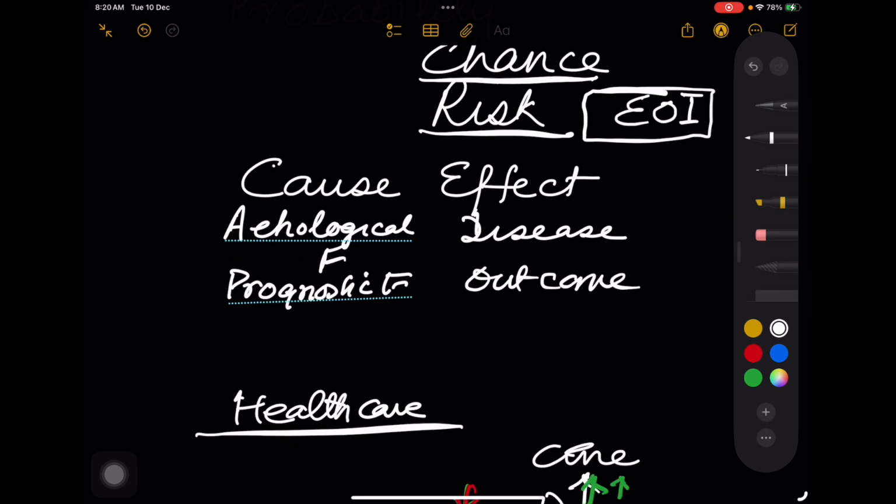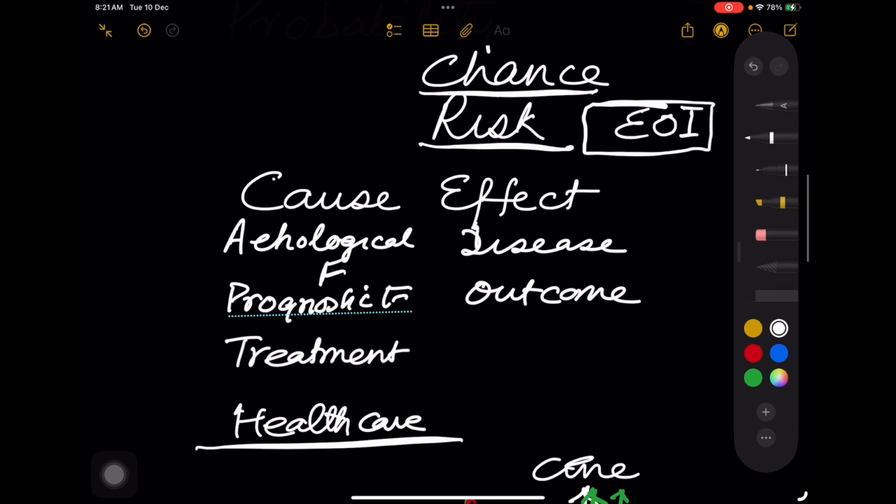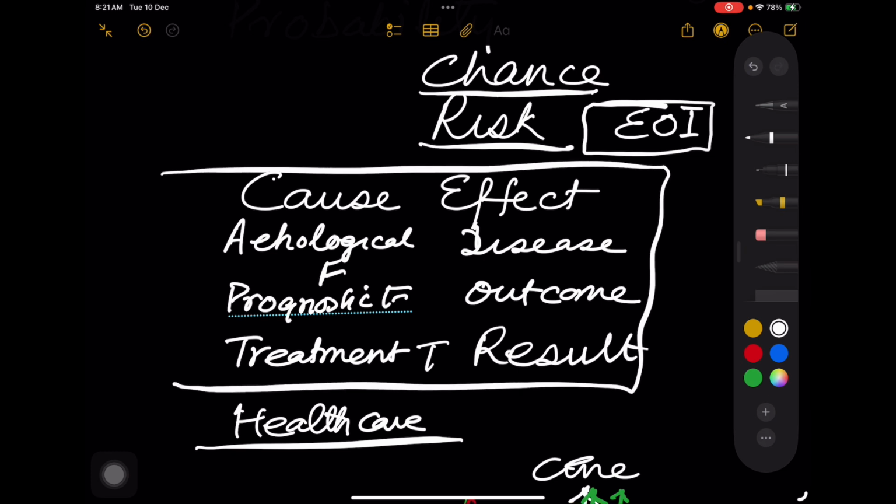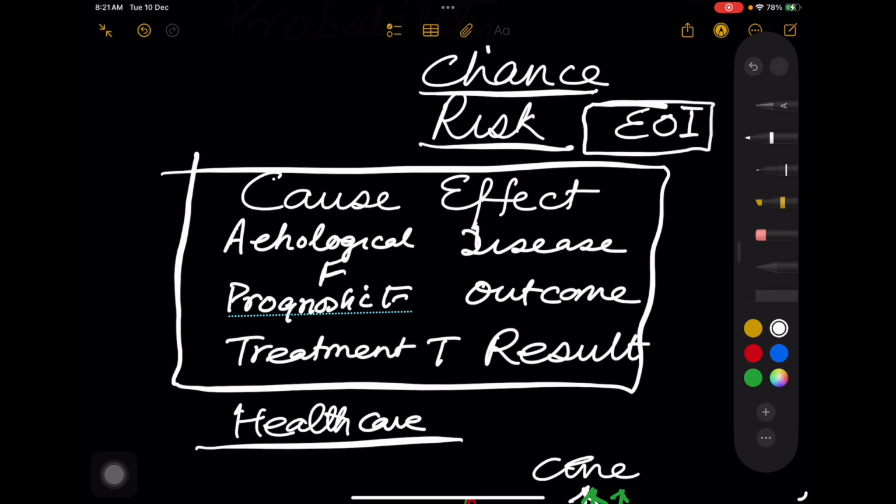And the third thing is that there is a treatment type, treatment or intervention type, and the effect is result. So in medicine, we are basically doing causality research to find out the relation between etiological factor and disease, prognostic factor and outcome, and treatment type and result.